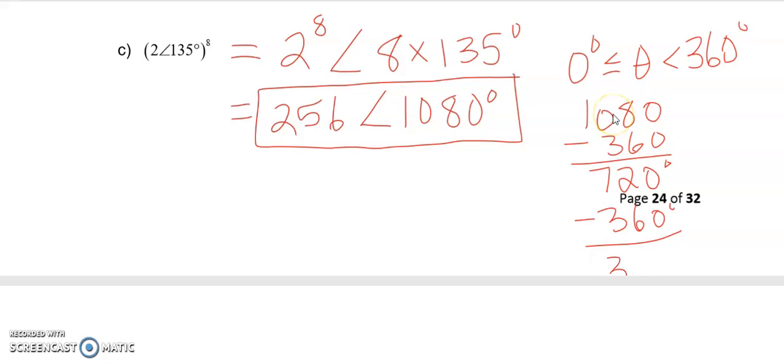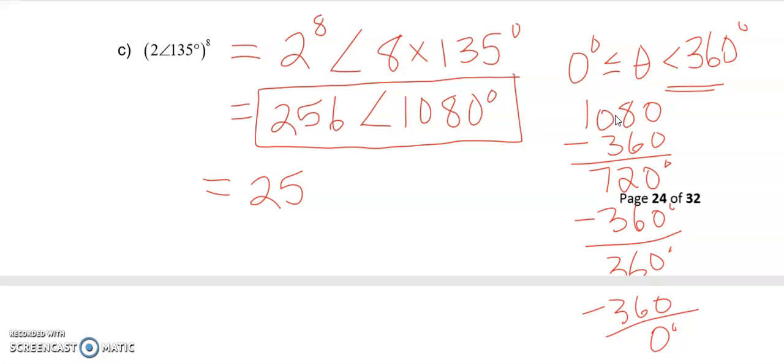So anyway, that brings us down to 360, which technically is still too big because remember, theta should be less than 360. So if you subtract 360 from that one last time, ta-da, you get 0 degrees. So the correct answer in the correct form would be 256, angle symbol, 0 degrees.